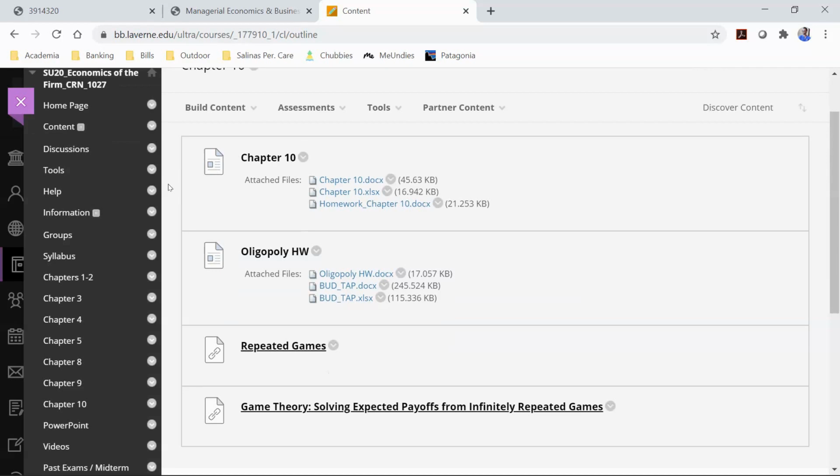Okay, so you can open up under the chapter 10 section. There's a chapter 10 Word document, there's a chapter 10 Excel file, and there's a chapter 10 homework. So I'm going to open up those three, and we'll get to those throughout the course of this session.